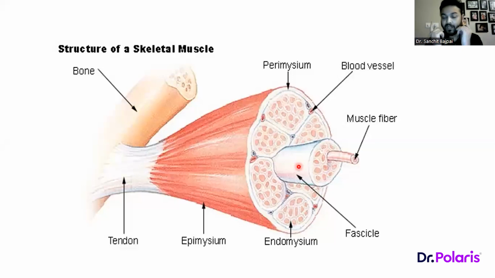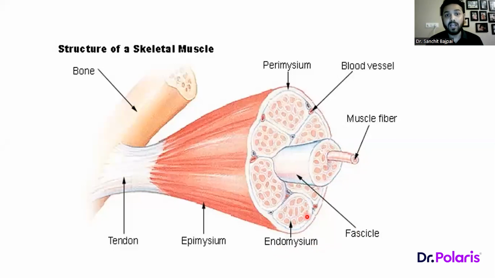Now, why exactly is deep fascia important here? Each muscle fiber is lined by a layer of deep fascia. Each muscle fiber which is lined by deep fascia lining is given the name endomysium. Mysium is muscle, endo means inside. So the layer of deep fascia which lines each muscle fiber separately is given the name endomysium.